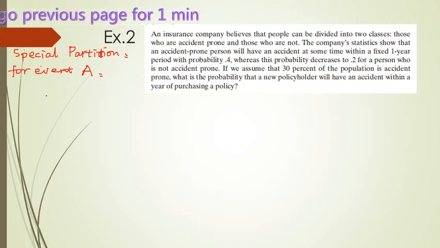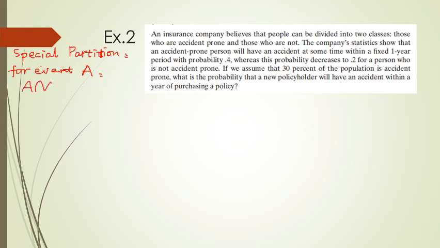Go to the previous page for 1 minute. You can check the video later. Let me explain here. For the special partition for event A, A intersect its complement is the null event, and A union its complement is the sample space.